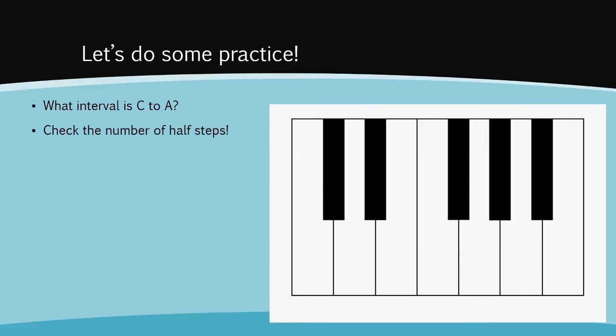Again, if your preferred method is to check the number of half steps and then check the table, that's absolutely fine. Go ahead and do that. But if you would prefer to see it and hear it, what key signature is C major? Is there an A in C major? Because if we count up the steps, then we can figure out what quality it is.